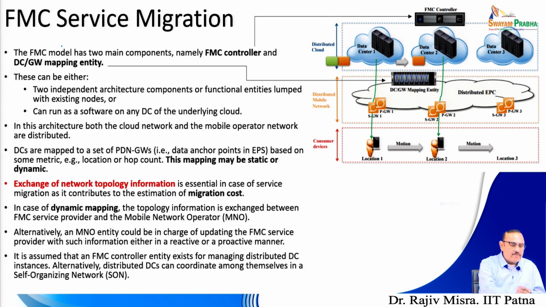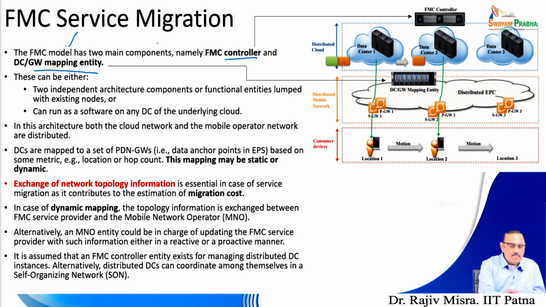So, the FMC model, follow me cloud, has two main components, namely the FMC controller and the DC and GW mapping entity. Let us understand the model and then we will look into that particular trade off, how using a Markov decision process we can model this trade off and evolve a decision whether to migrate or not.